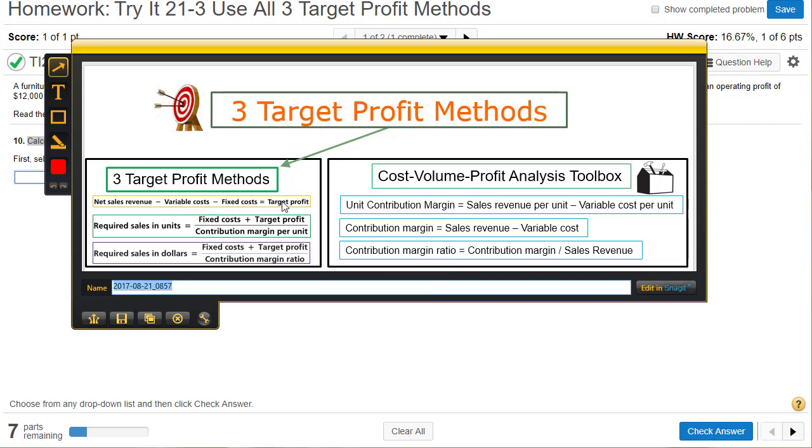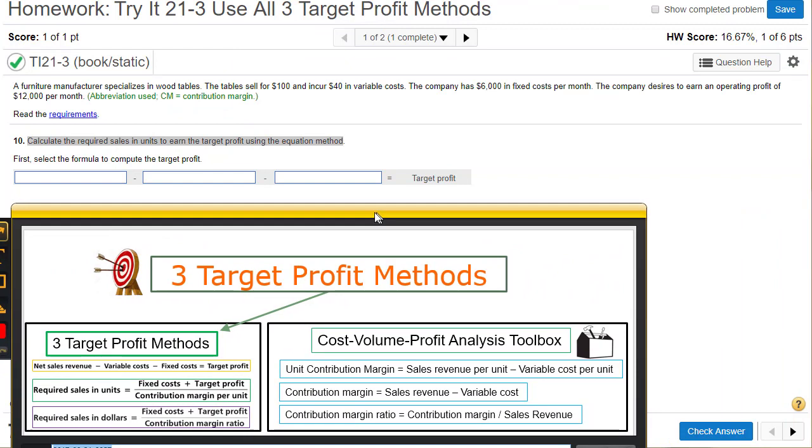So to calculate a target profit, you're going to take your net sales revenue, and then you're going to subtract your two types of costs. There's two types of costs, variable costs and fixed costs. Now you might be thinking, well, where are the mixed costs? Well, mixed costs can be broken down into these two components. So it's just sales revenue minus our two different types of costs.